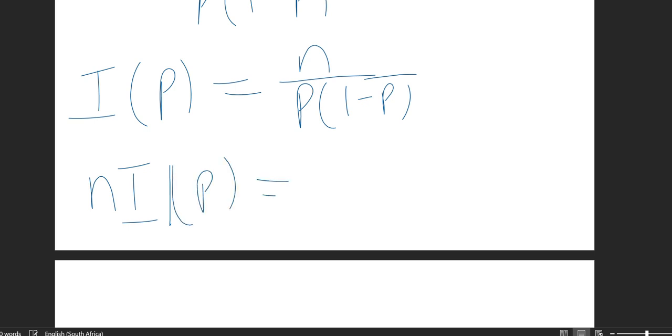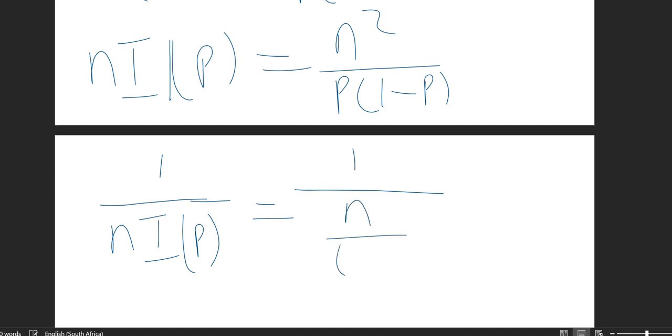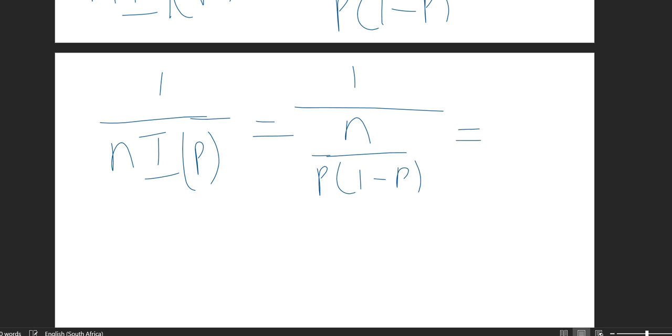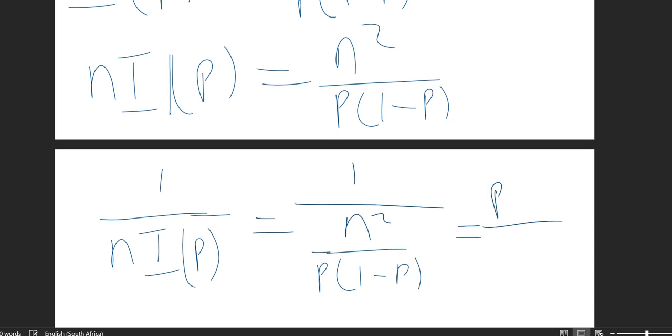It's going to be n squared divided by p into 1 minus p. And then we're going to take the reciprocal of this. One divided by n, p into 1 minus p. Now this will be just p. This was squared, so it's n squared, p into 1 minus p divided by n squared.